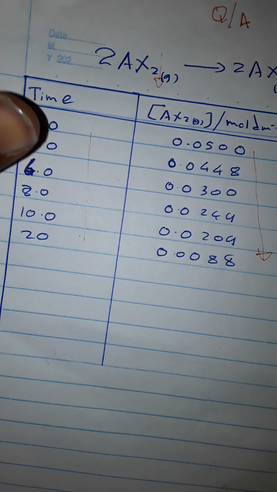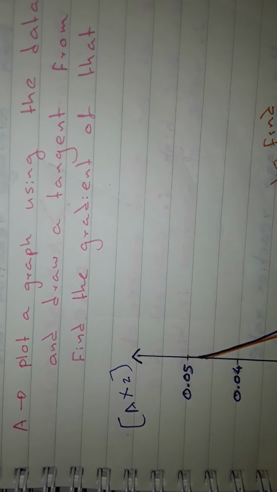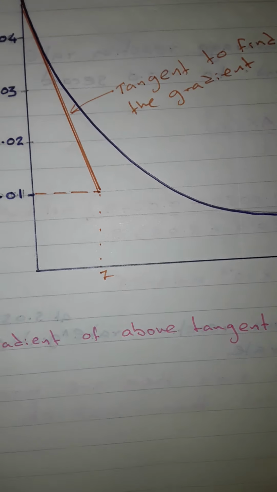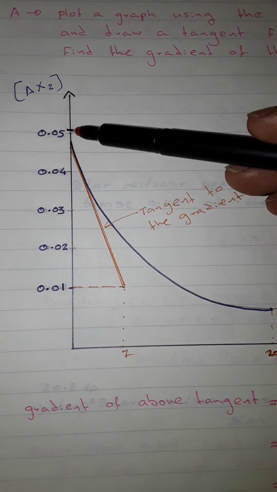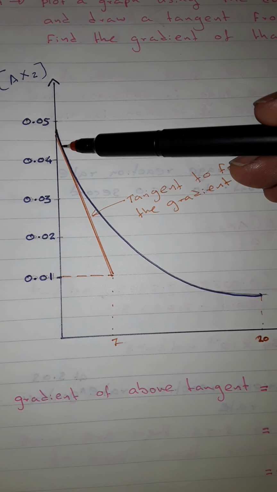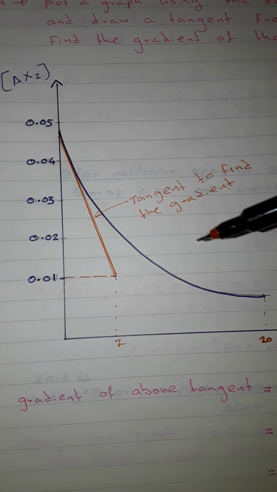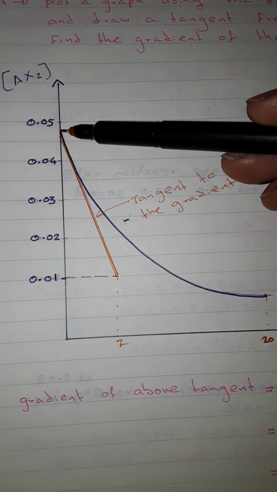Then in the same question they ask another one: how to find the initial reaction rate. How can I find the initial reaction rate for this one? You remember, with time the rate of reaction decreases like this, right? The initial rate of reaction is found by drawing a tangent from the 0th time.